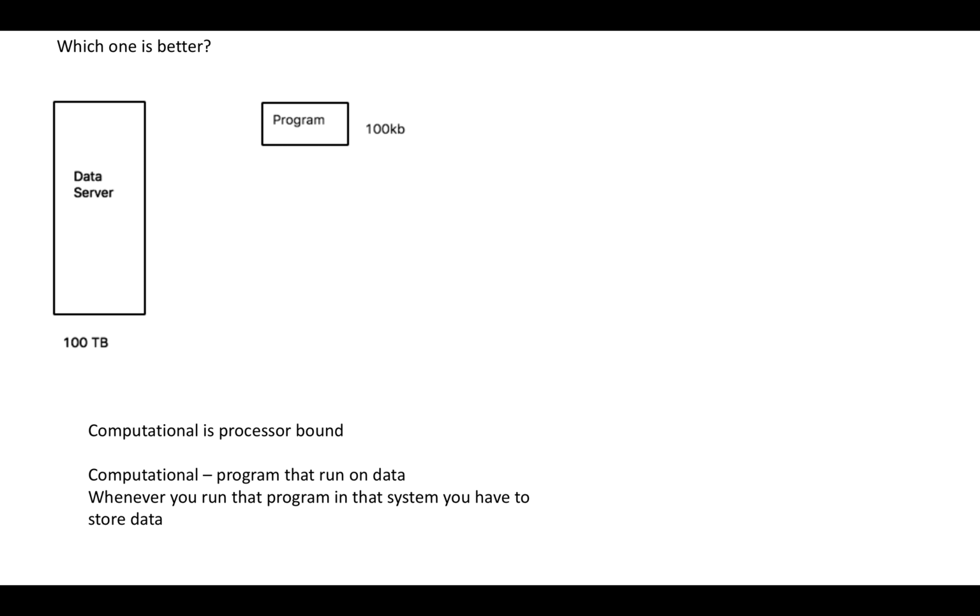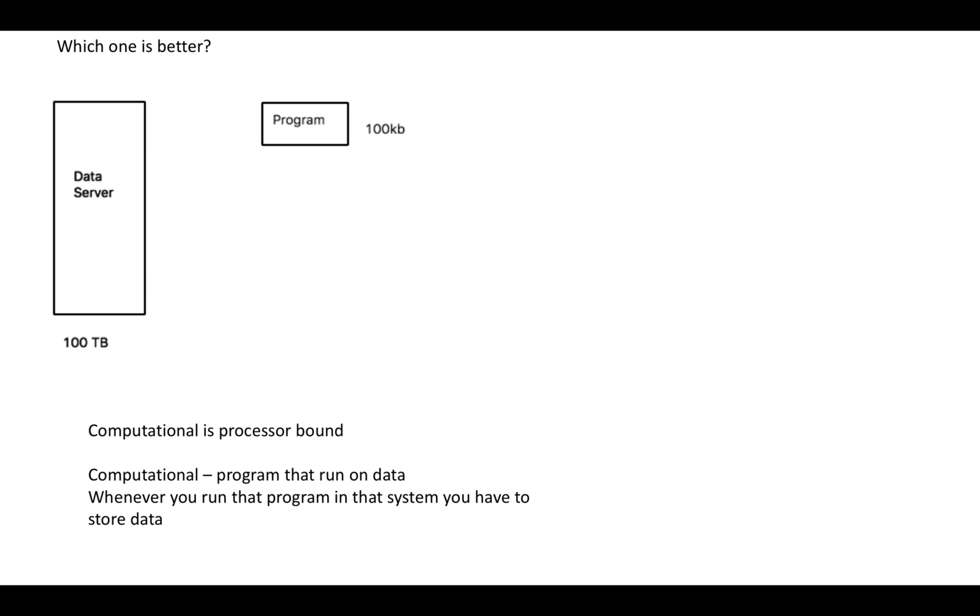Now if you want to process that huge amount of data, you write the code, and the size of the program is 100 KB. So what is the best approach? Do you send your program to the data server, or fetch all the information and save it to your local machine? You might say sending your program to the data server is the best approach, but that is wrong. Before Hadoop, we had one approach: computation is processor bound.